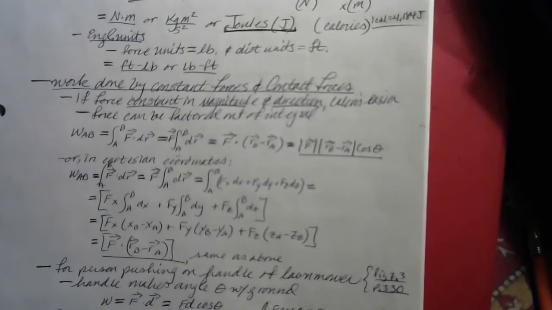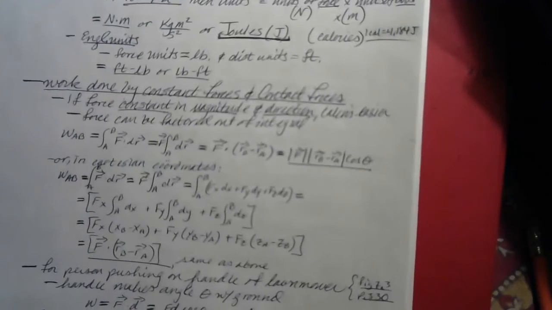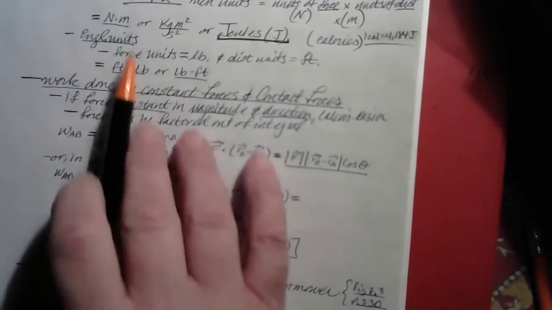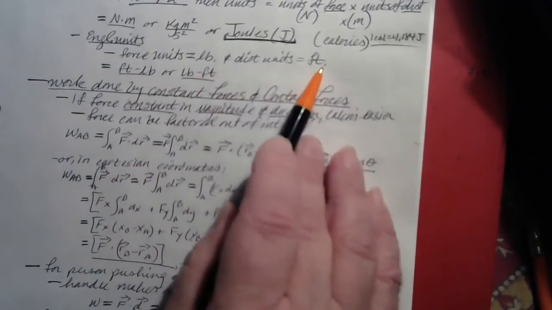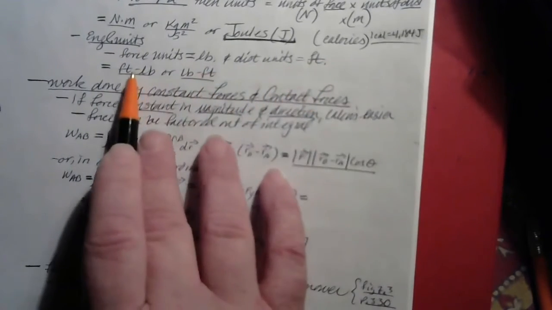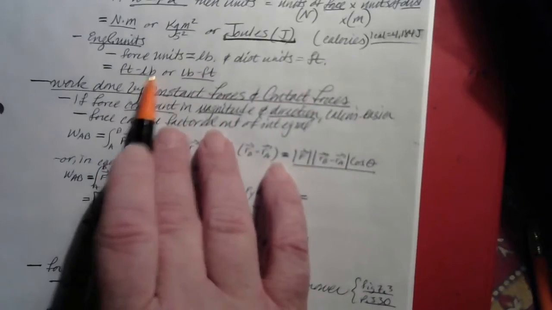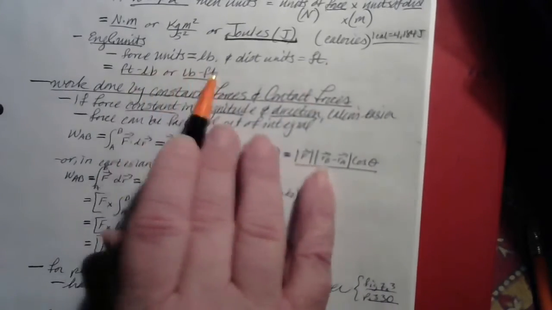So they persisted in using English units instead of doing conversions from metric. Anyway, in English units, force units would be pounds, and distance units normally would be in feet. And so we have the foot pound or pound feet. It can be said either way. That can be used as a unit of work or energy.